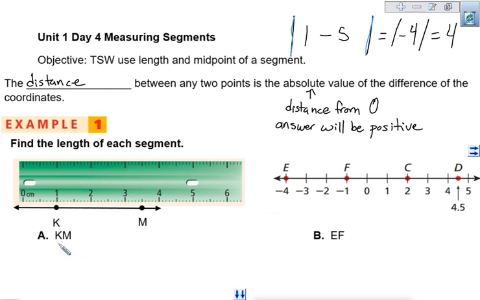On our first one, we are looking at the length of segment KM. So K is at 1, and M is at 3.5. And we're taking the difference of them, meaning we are subtracting, and we're taking the absolute value of the difference. So 1 minus 3.5 is a negative 2.5.